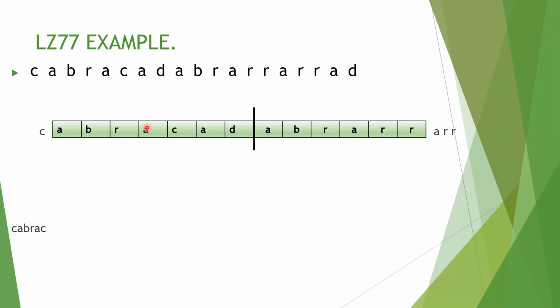So in this search buffer only 7 symbols are stored. So the C symbol is written out of this search buffer, and we add the next encoded symbol in the search buffer and add the next two symbols in the look ahead buffer.